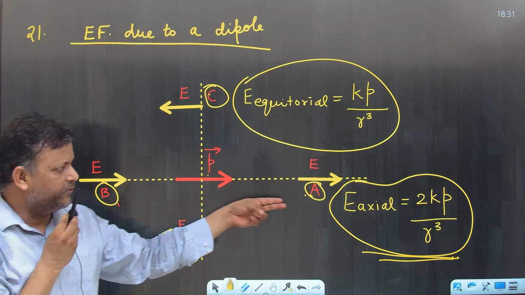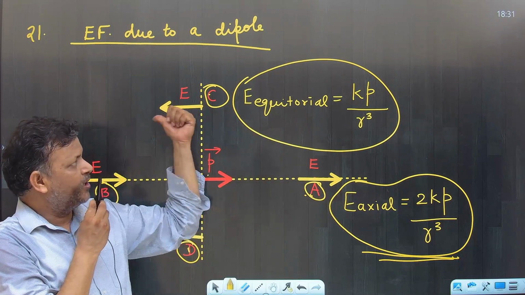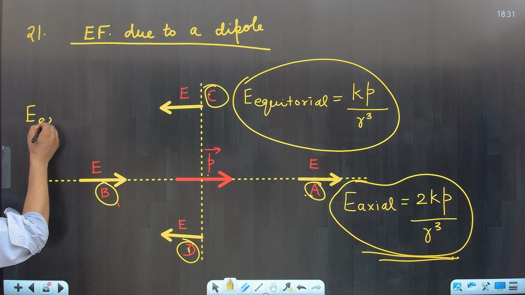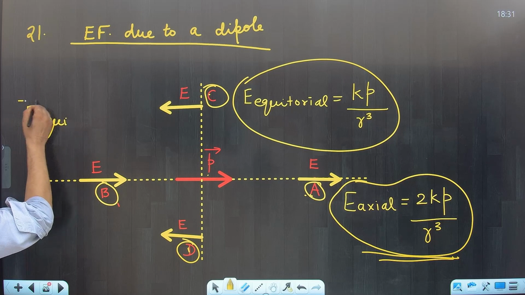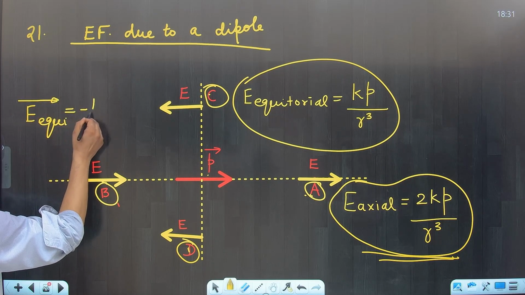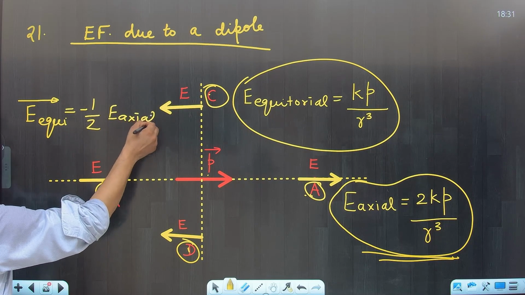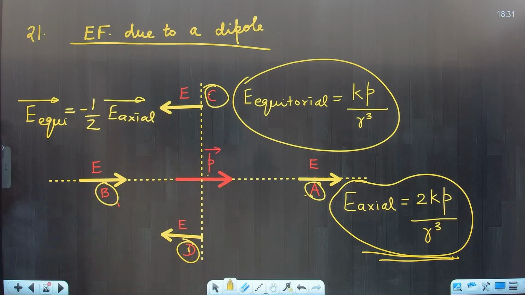So axial electric field is 2kp by r cube and equatorial is kp by r cube. You can say that electric field at equatorial will be equal to minus half of electric field at axial. Its direction will be opposite to that of electric field at axial point, and it is in the opposite direction as well as half also.